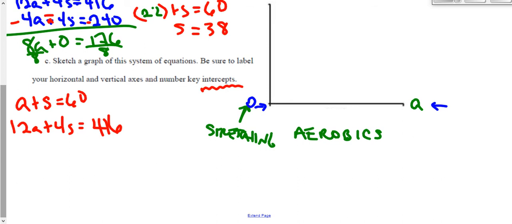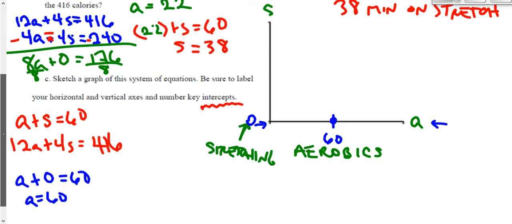For my top equation, I'm going to plug in 0 for my s value. A plus 0 equals 60. It tells me that my a-intercept is the number 60. So I'm going to make a mark on my a-axis and call it the number 60. That's my a-intercept.